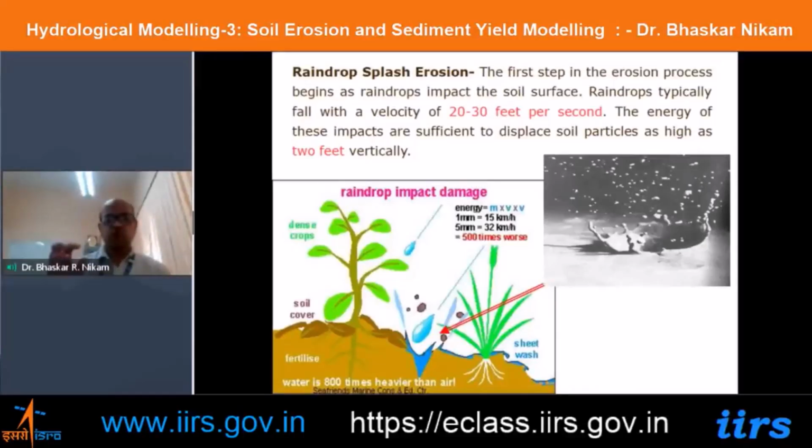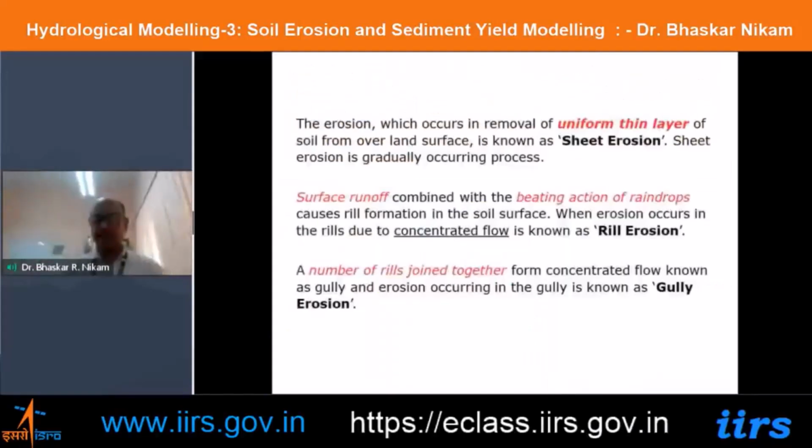So as you can see, this is how splash erosion will look. Next will be sheet erosion, then you will have rill erosion, then you will have gully erosion. Between sheet and rill there will be interrill erosion, as we have discussed.